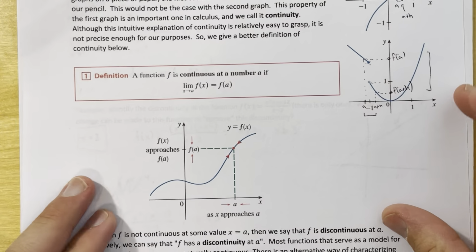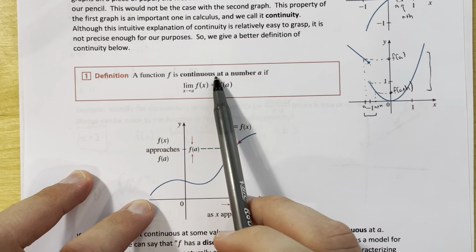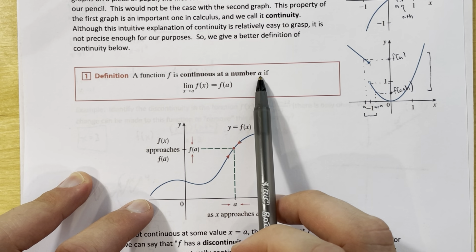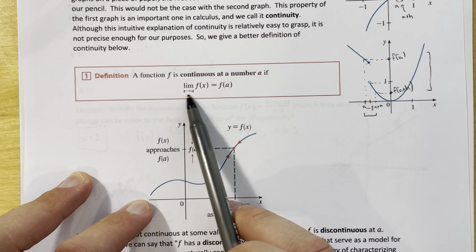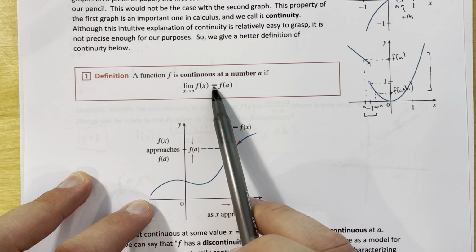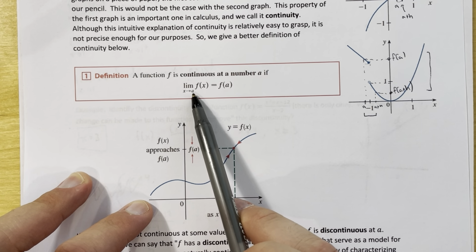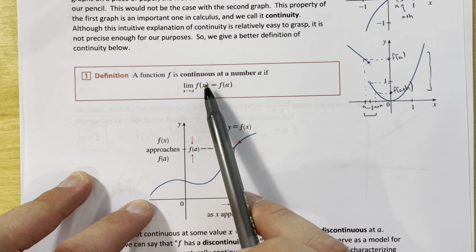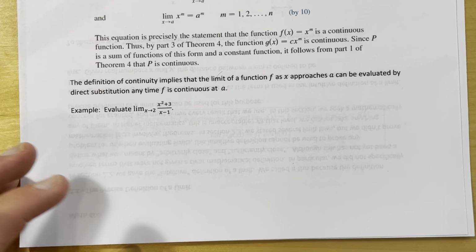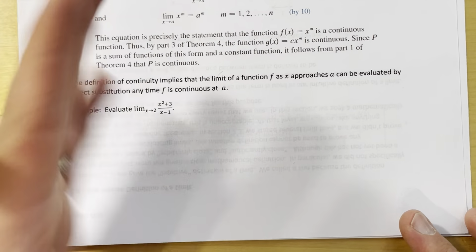So I'm going to reference this again. When we know that a function is continuous at some value a, by definition, what that means is that the limit as x approaches a of f of x equals f of a, meaning I can plug a directly into this function to evaluate this limit. That's really, really useful when we can use that.